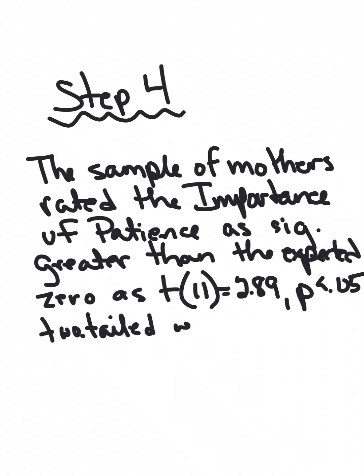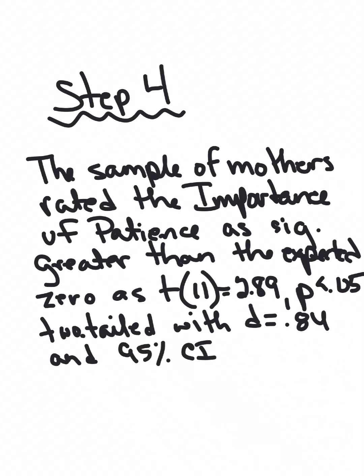Two-tailed, with Cohen's d equals 0.84, and our 95% confidence interval was 0.28 as the lower, and 2.06 as the upper.